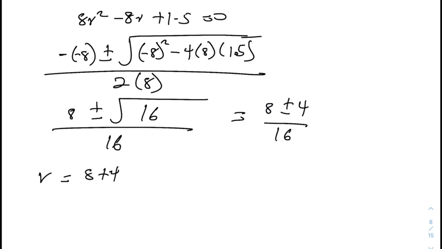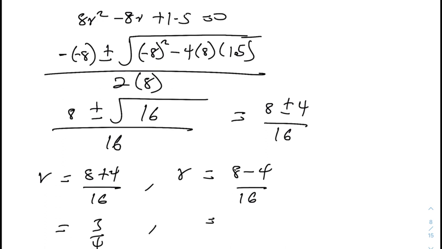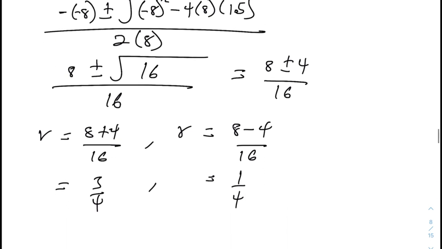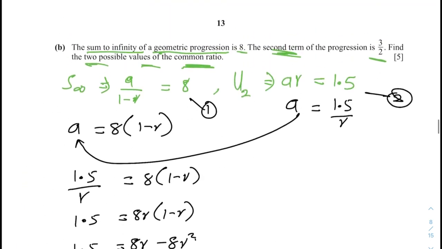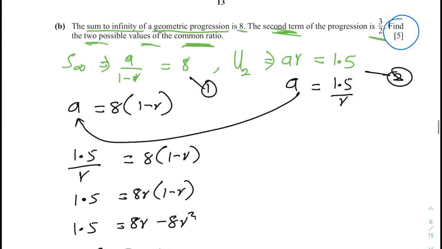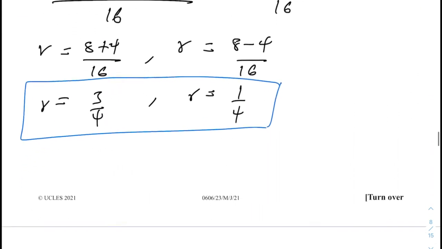Your first R is 8 plus 4 over 16, which is 12 over 16, that's 3 over 4. The second R is 8 minus 4 over 16, which is 4 over 16, that's 1 over 4. So these are the two R values that you are looking for, and you do all this for your 5 marks.